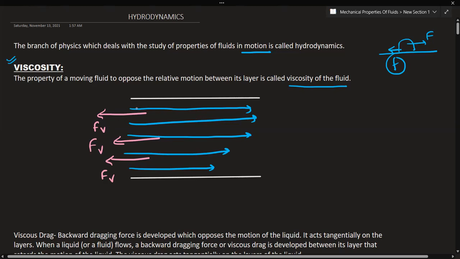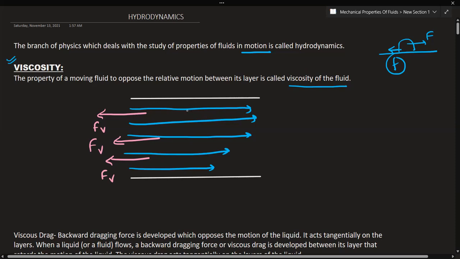Is this clear, what is meant by viscosity? The property of a moving fluid to oppose the relative motion between its layers is known as viscosity.